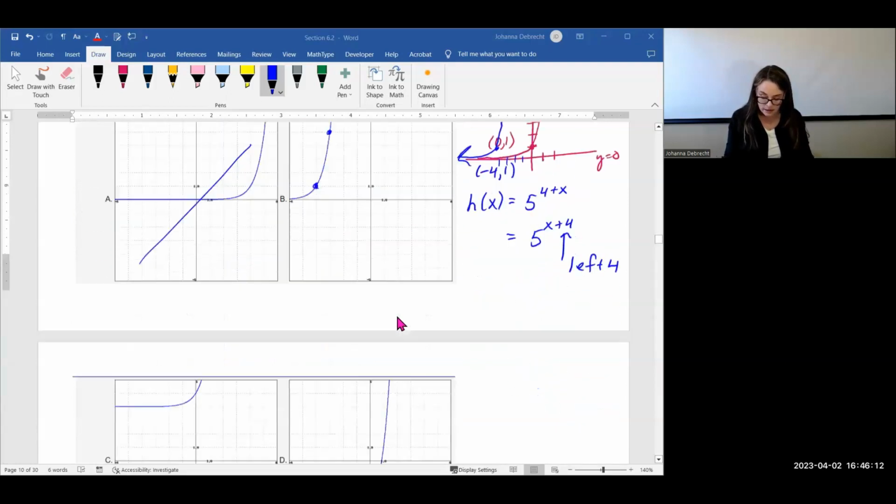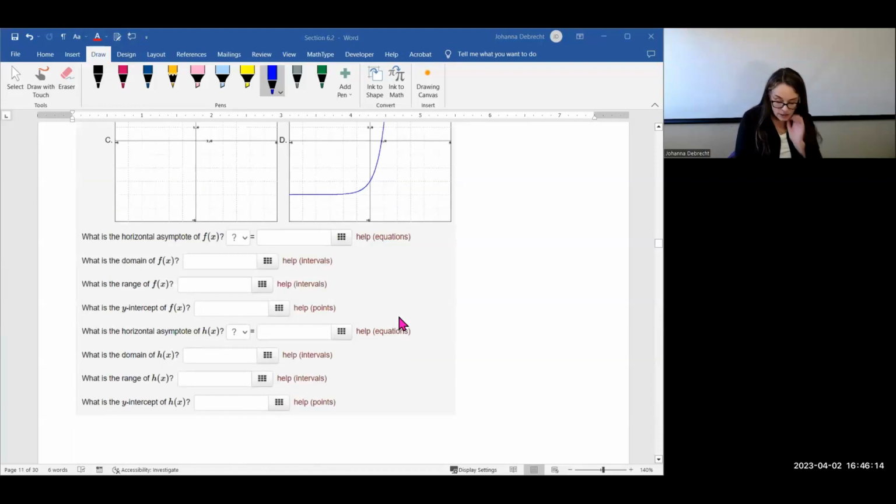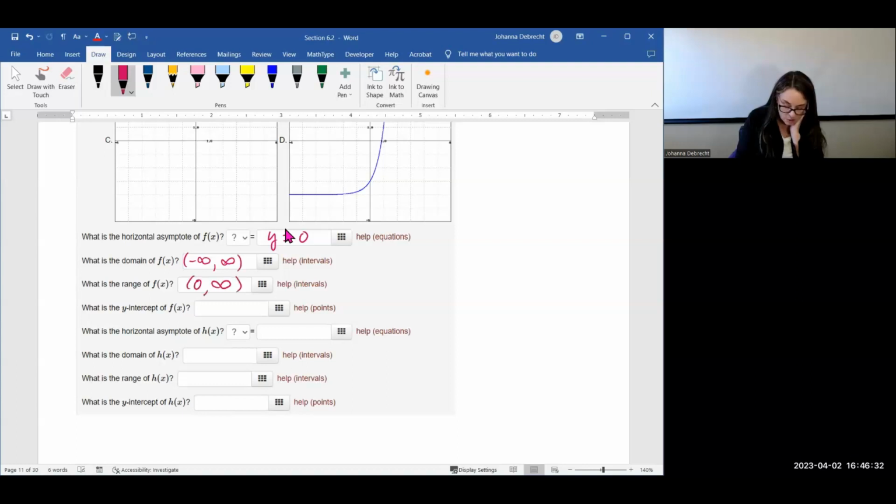So let's put that information in there. The horizontal asymptote is still the x-axis, so y equals 0, and the domain is negative infinity to infinity, and the range is 0 to infinity, with a y-intercept of 0, 1.